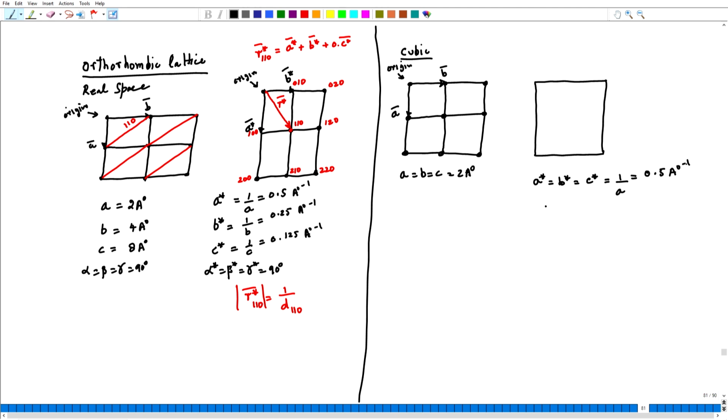And of course, the angles between A star, B star, C star, alpha star, beta star, gamma star, will all be equal to 90 degrees. So, these are my reciprocal lattice points.